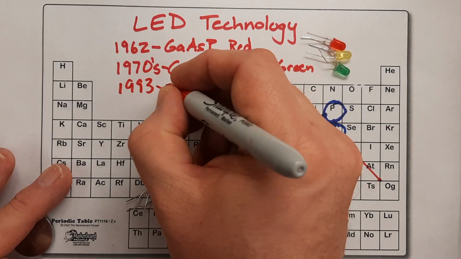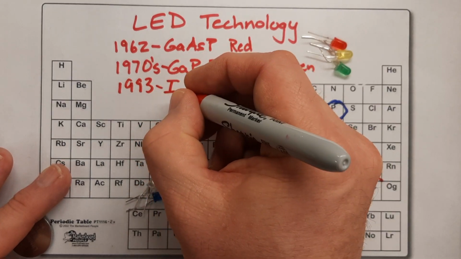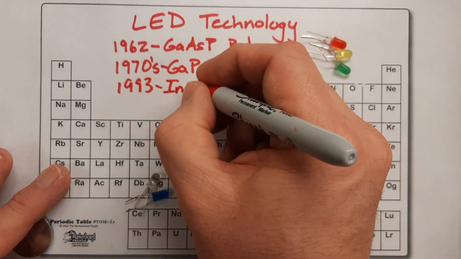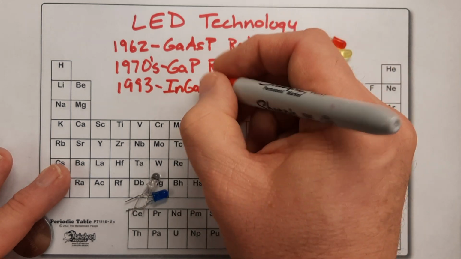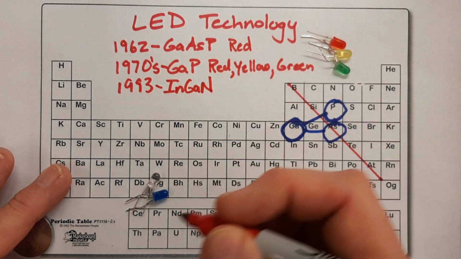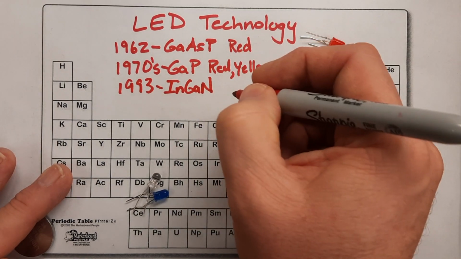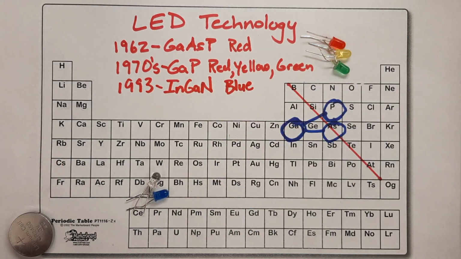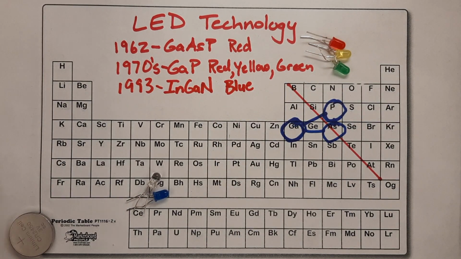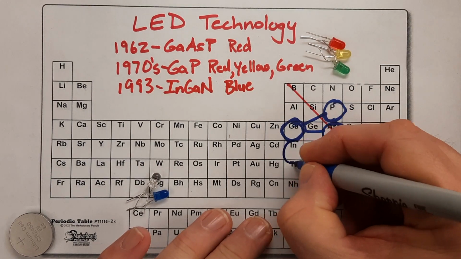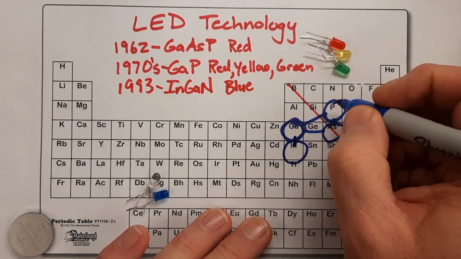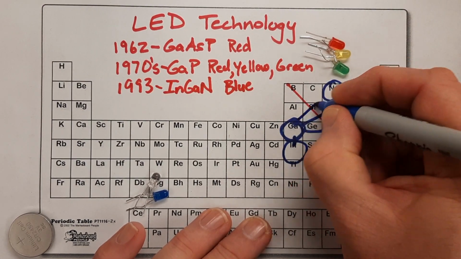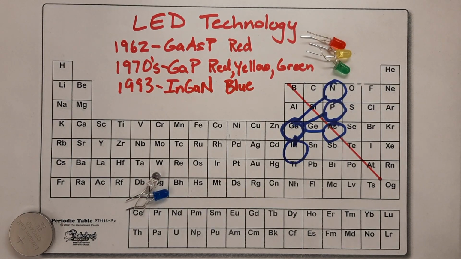And the technology was indium gallium nitride, and that led to blue LEDs. So we had indium connected with gallium, connected with nitrogen, and other impurities.